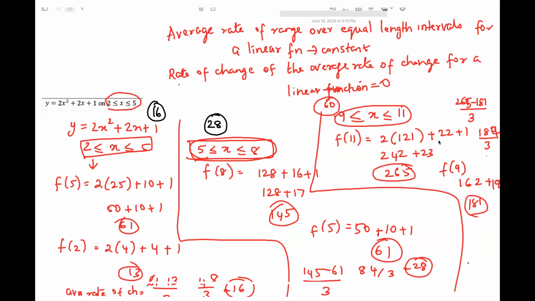2x squared plus 2x plus 1, that's correct. 242 plus 23, 265.